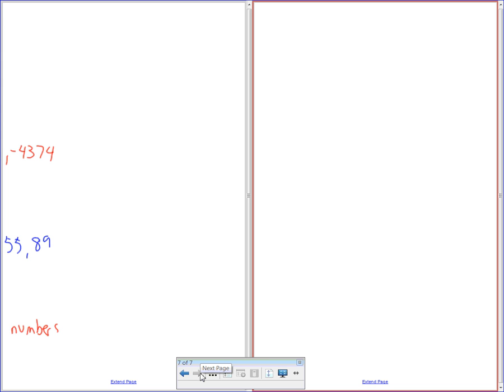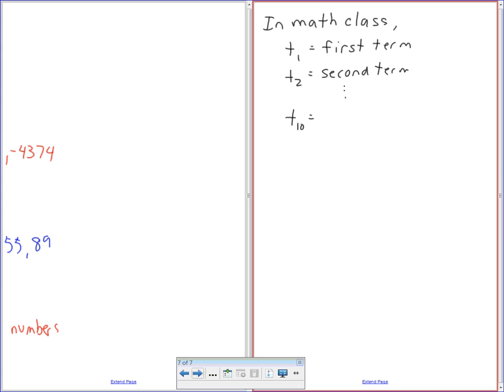In math class, back to the notes. T1 equals the first term. T2 equals the second term. If I were to ask you for T10, somebody tell me what T10 would mean, please.